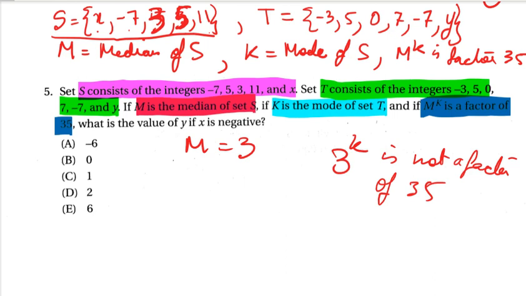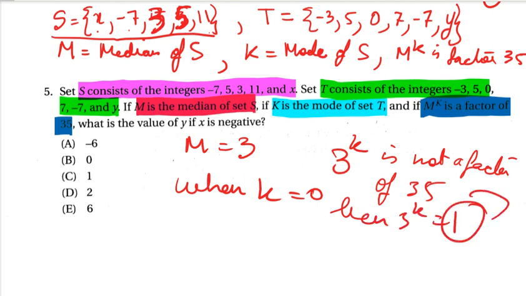But there is a catch. When K is equal to 0, then 3 to the power K is 1. Now 1 is a factor of 35. So if K is the mode, K is representing the mode in T.